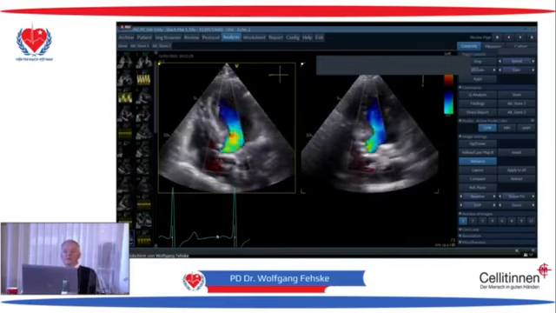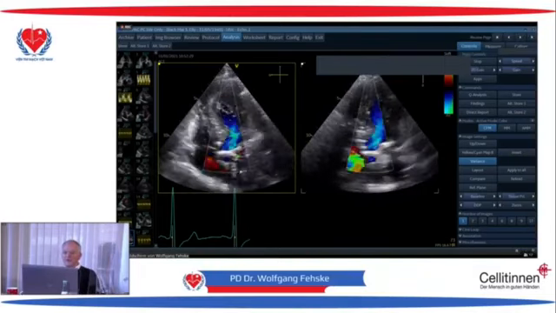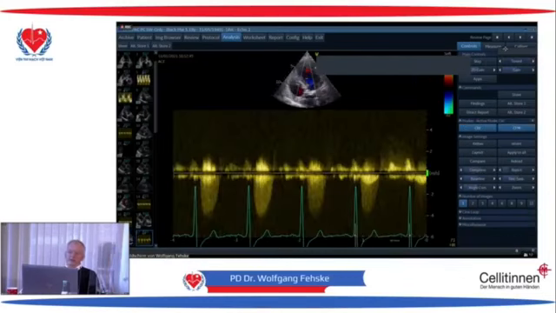Okay, so when we have seen how the blood approaches the aortic valve, the next is that we put in the CW. And then I sweep around. First of all, I try to find the maximum velocity, but then I sweep a little bit around. And I told you this morning already that we are looking for this shadow.